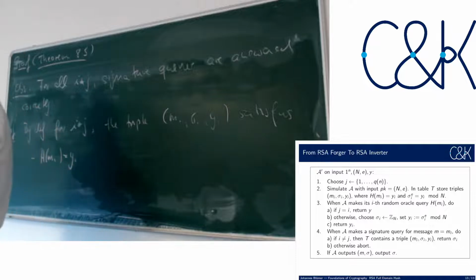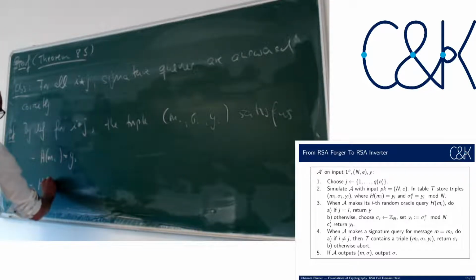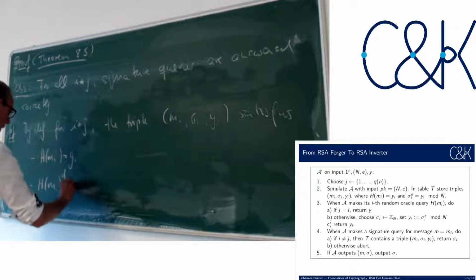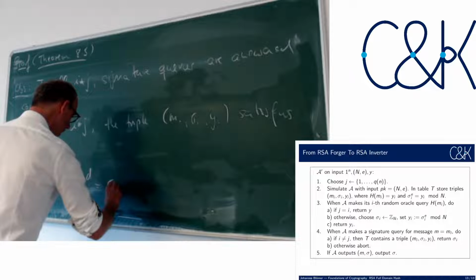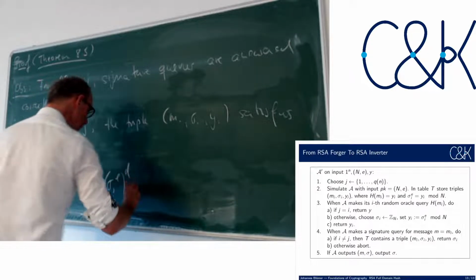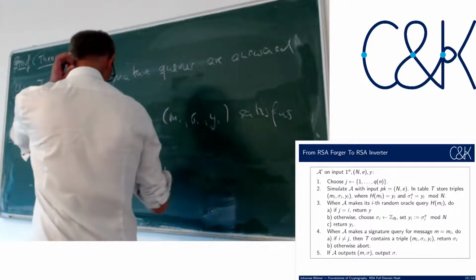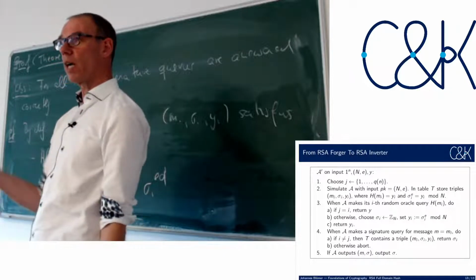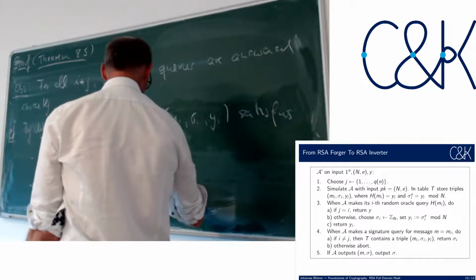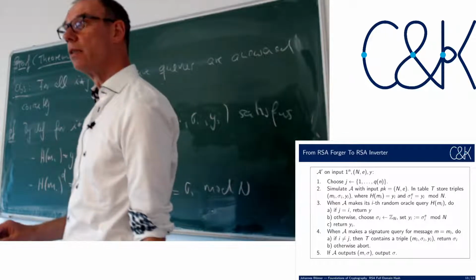That's how we defined it. And hence h of mi to the d is yi to the d, which is sigma i to the e to the d, which is sigma i to the e times d. And by our textbook RSA stuff, this is sigma i mod n.